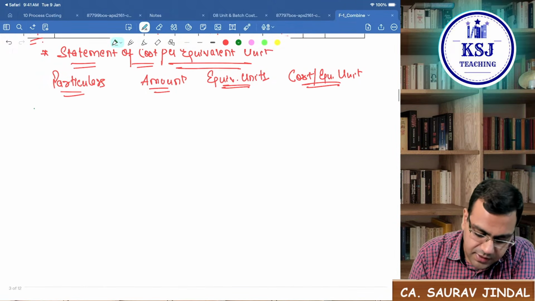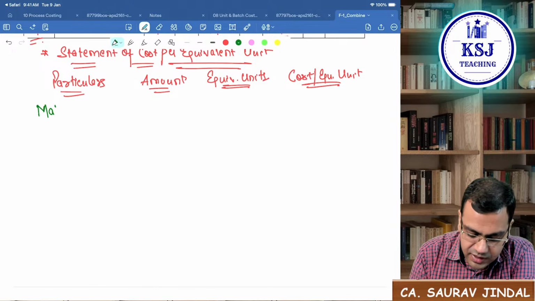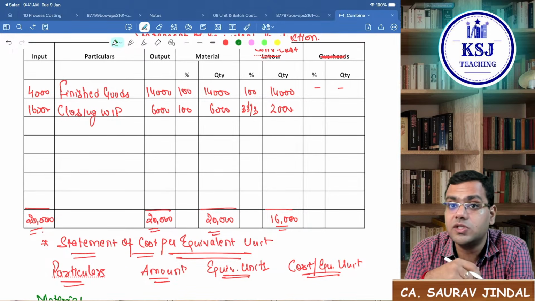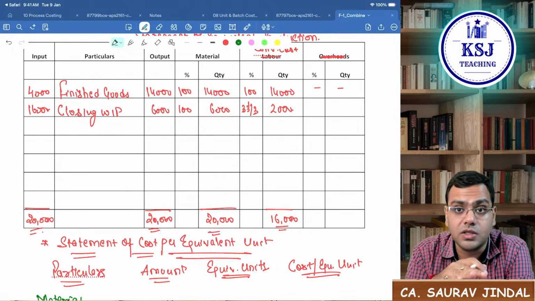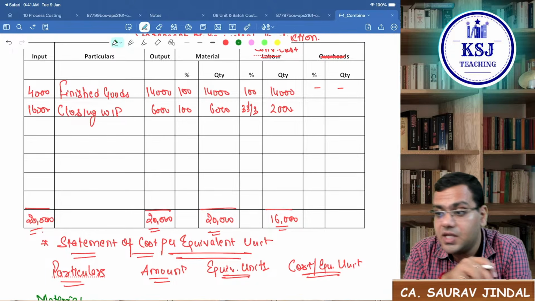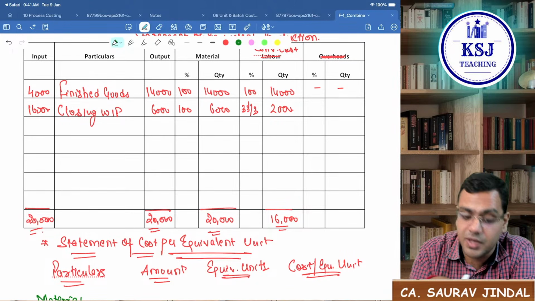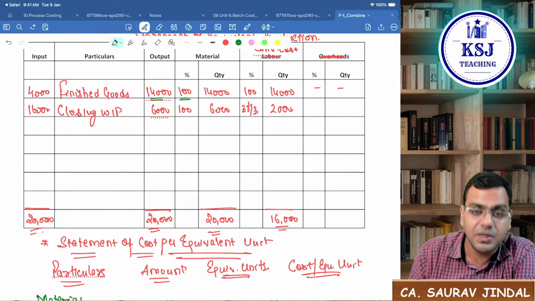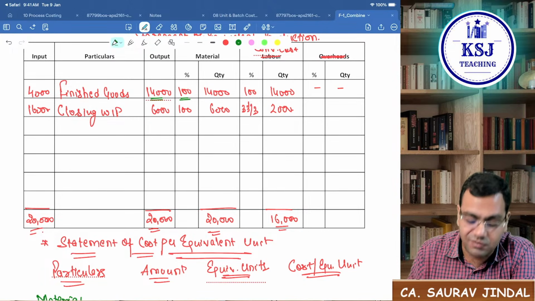Okay, so what is the material cost you will take now? If in the statement of equivalent production you have combined all the units, then in the cost also you will combine all the cost, whether incurred in the previous period or in this particular period. Here you have taken total units, total degree of completion, even if some work is done in the previous period itself.